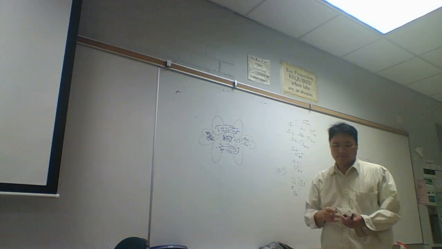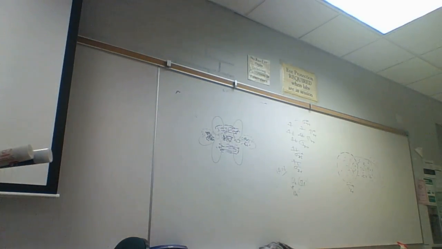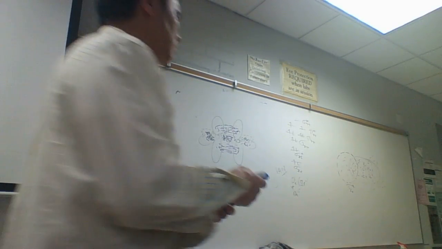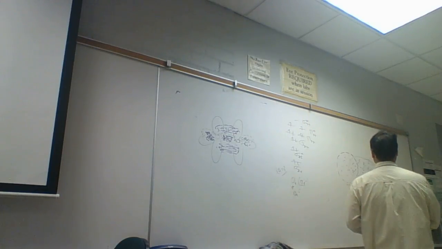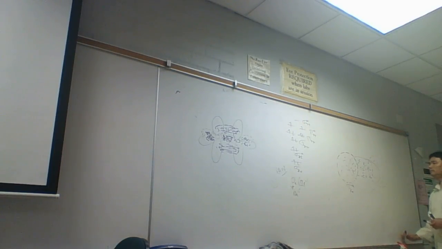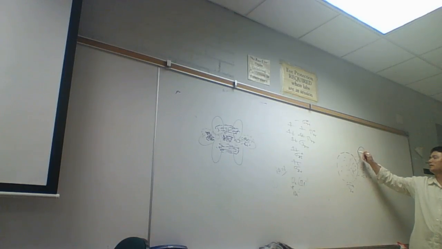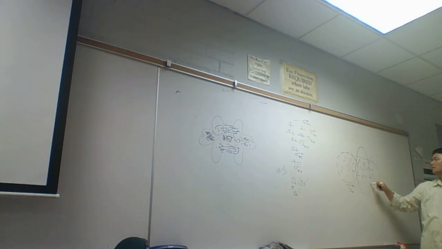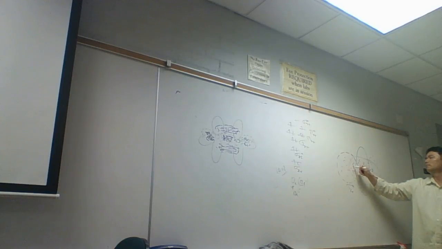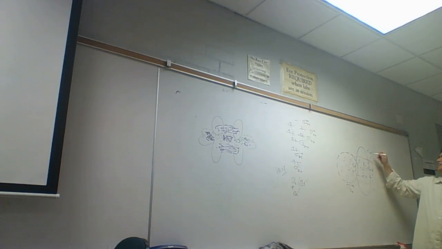Sigma 2p. Now Z is big, so the sigma 2s gets pulled in more than the sigma 2p. And so for the sigma 2p, I'm going to try a different color here. The sigma 2p gets pulled in less, it's less penetrating, and so there's less repulsion. And so this will be the sigma 2p here.